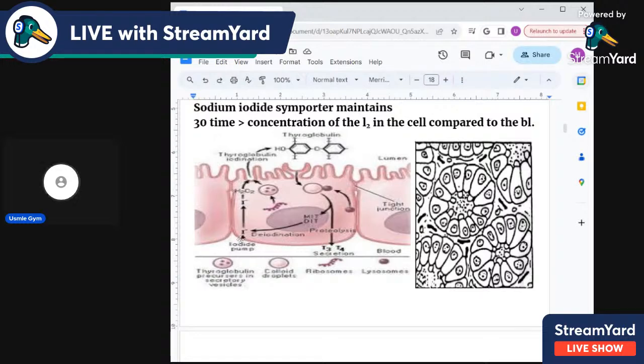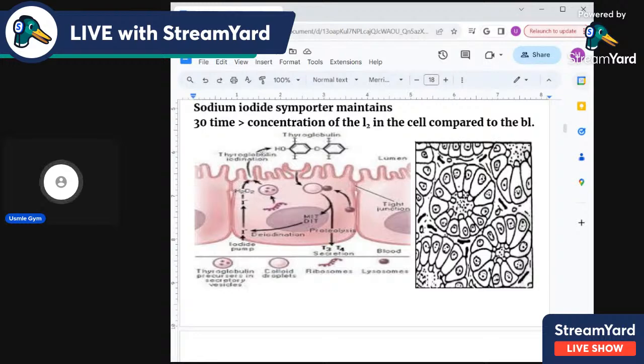When iodine is taken up in the form of iodide, it goes towards the apical surface, where we have hydrogen peroxide and TPO, thyroid peroxidase, which convert it to iodine. Then the pendrin receptor at the apical surface pushes the iodine into the lumen.